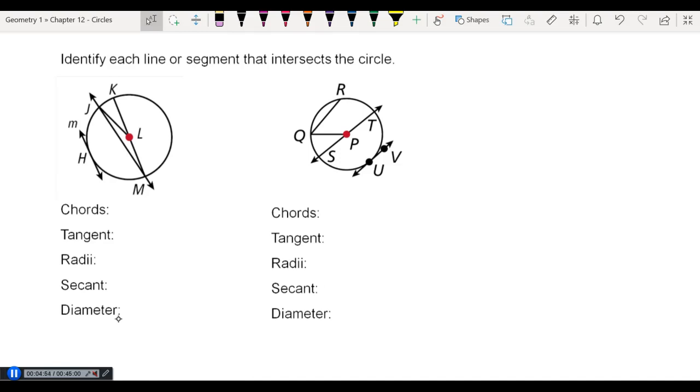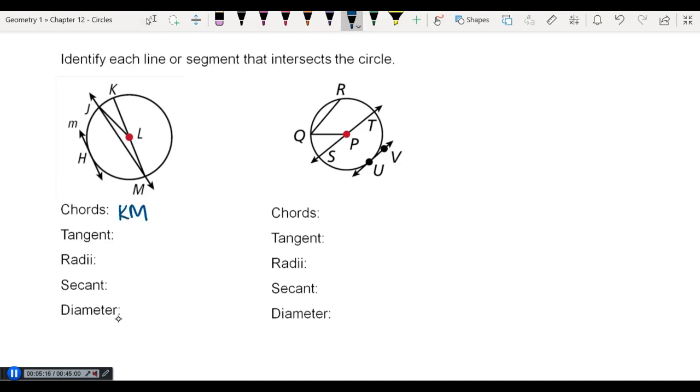KM. If we go from K, it stops, to M. I know it looks like M keeps going, but it actually stops because if it did keep going, the arrow would have been over here a little bit more. So from K to M is a chord.